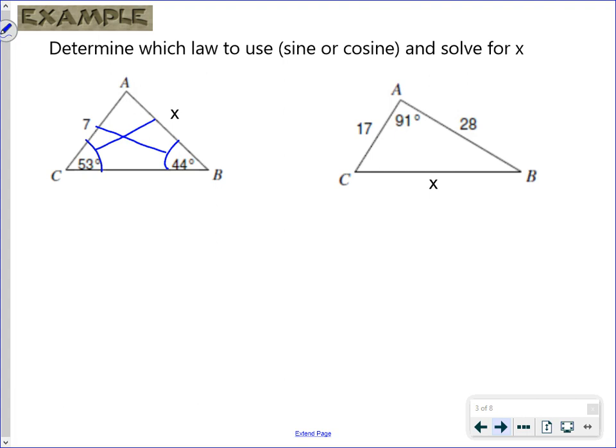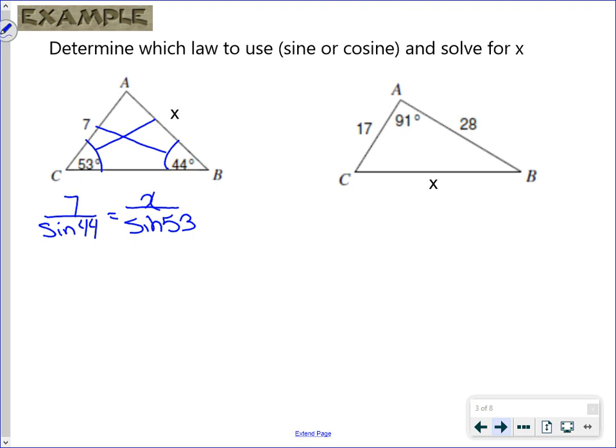So I'm going to start with 7, and then directly across from that is sine 44. So 7 over sine 44 is going to equal the opposite side and angle. So we have side x over sine of 53 degrees.